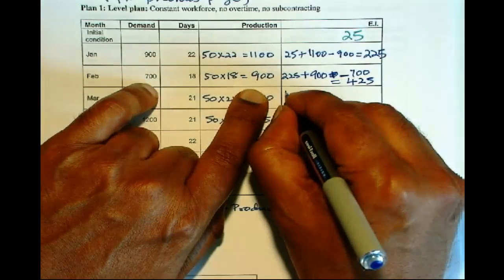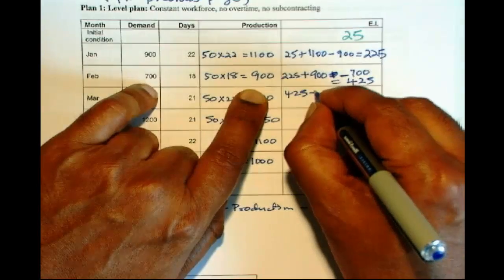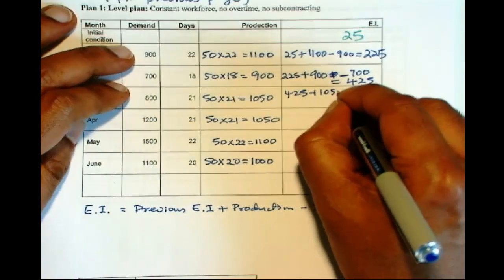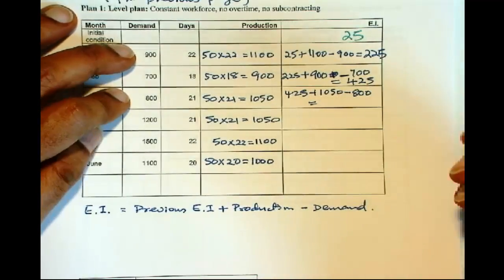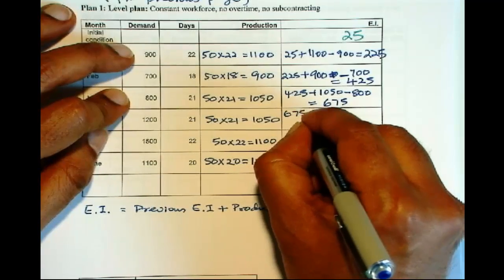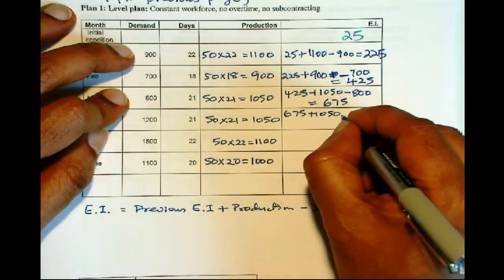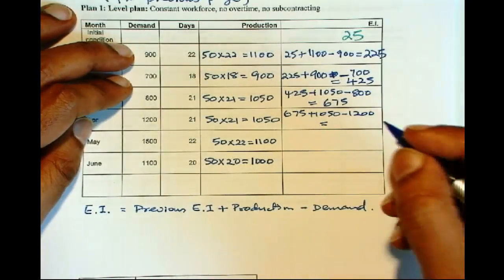Then 425 plus 1050 minus 800 will give you 675. 675 plus 1050 minus 1200 will give you 525.